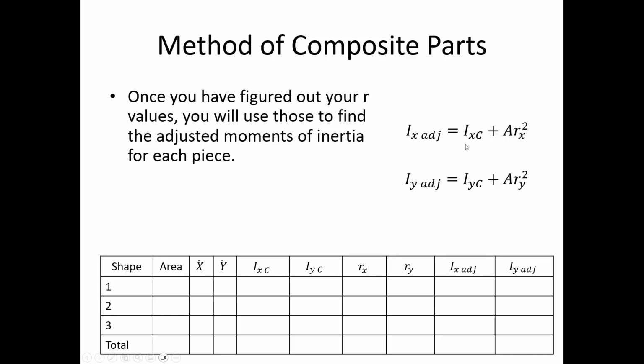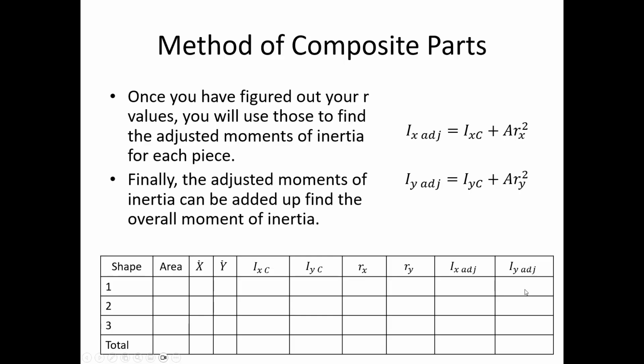So whatever IXC was from our table, so for shape 1, I'd have something IXC over here. I'd do plus area times Rx squared. That is what gets plugged in for my Ix adjusted. Iy adjusted would be IYC for this first shape over here, plus area times Ry squared. That gets plugged in over here.